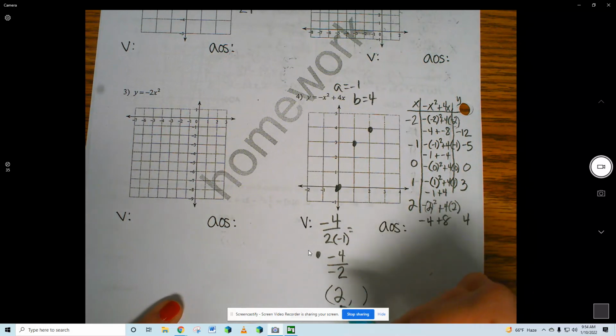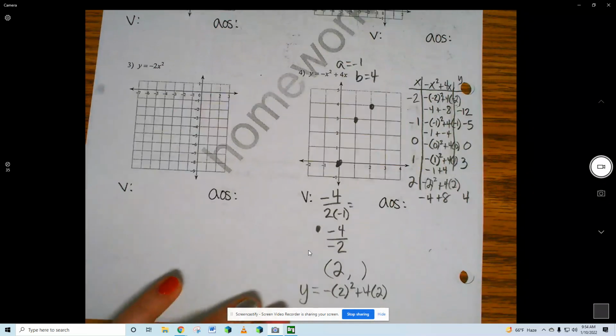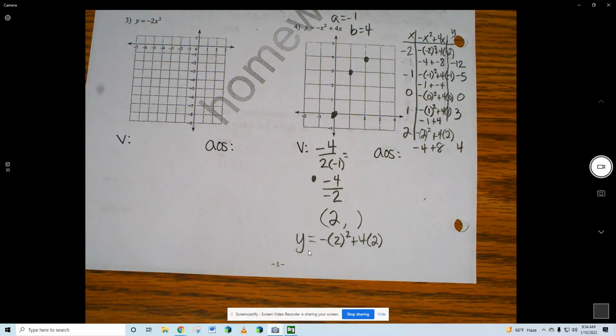So, plug it in. Y equals negative x squared plus 4 times 2. So I'm plugging in my 2 in for x to find out what y equals.